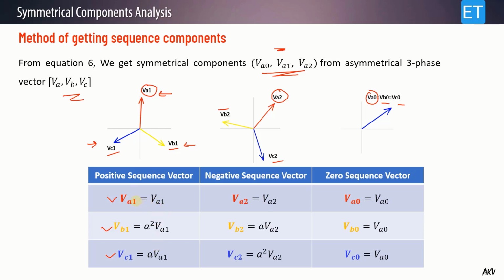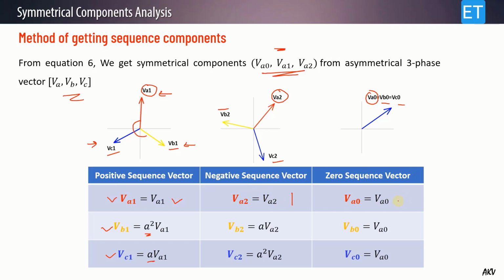That is again with the help of the A operator. Let's say VA1 is VA1, it is already found. Then how can you find VB1 from VA1? Obviously it is a 240-degree angle, so multiplying VA1 with A square, you will get VB1. And then for VC1, you simply multiply VA1 with A. So you will get VC1. A similar operation you will do here.